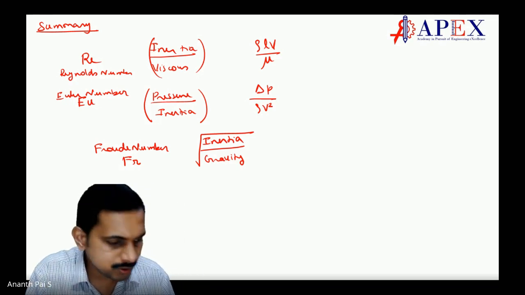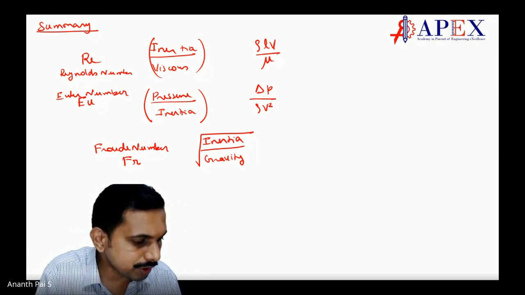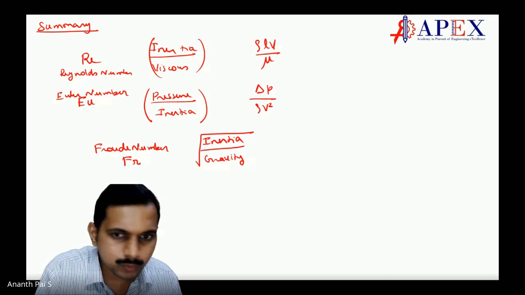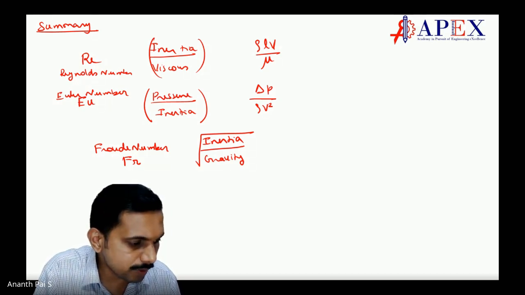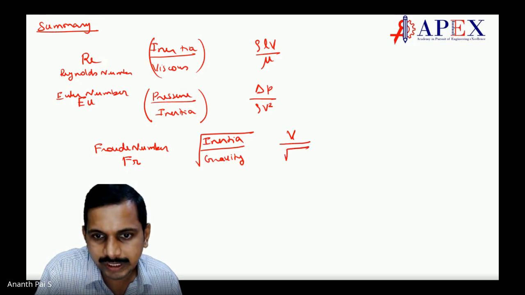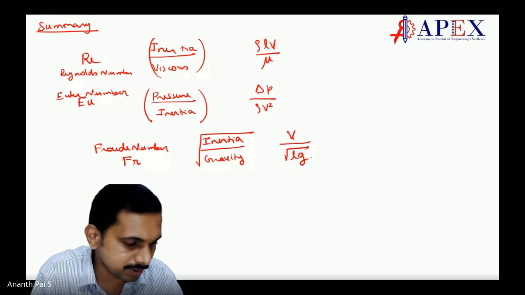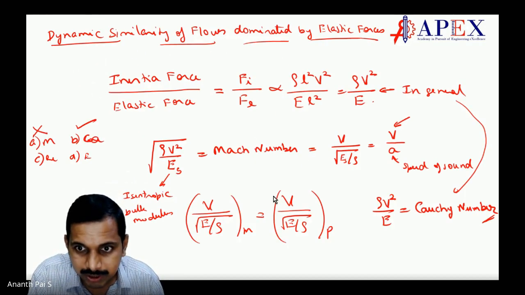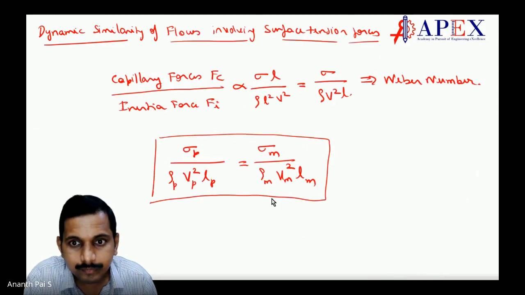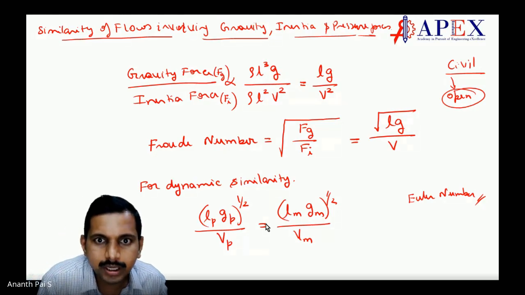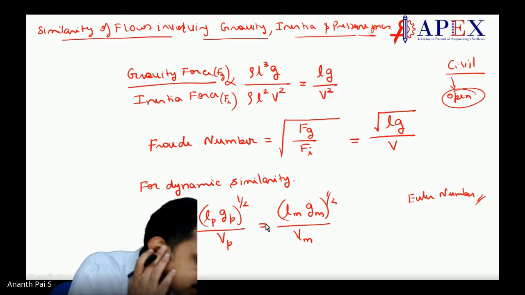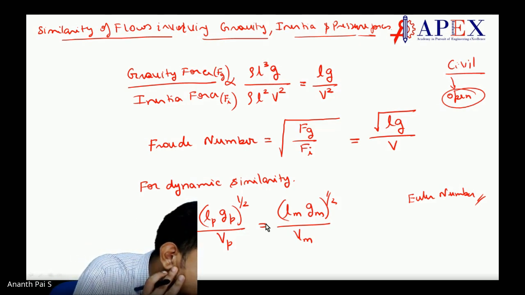So when you take the square root, you get the Froude number, which is given as V by root of Lg. Correct? Am I making a mistake? Let us see again. Did I make a mistake here? You have to invert it. Oh, I'm sorry here. When you consider the Froude number, it is the other way around: V by root of Lg, from Lg by V square.